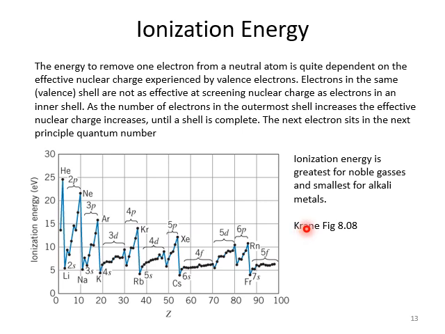I'll show that in a couple of slides, but right now we'll just look quickly at the pattern of the energy it takes to remove an electron from a system. It takes a lot of energy to remove electrons from rare gases, from inert gases. It takes very little energy to remove an electron from a 2s orbital that's outside of the valence of the previous shell.